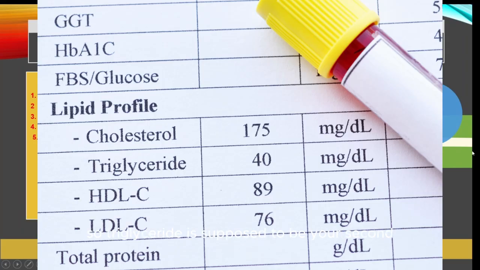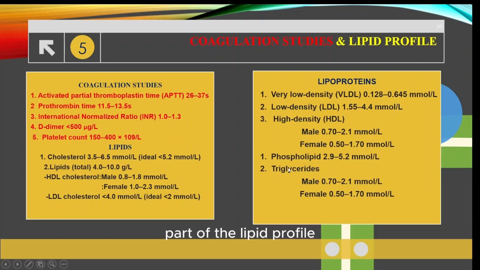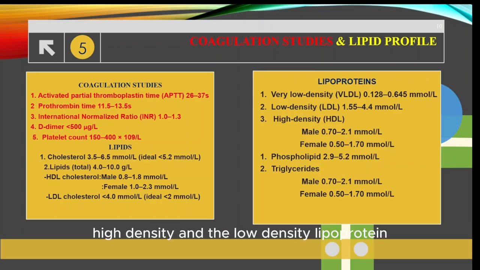Then the third one is what is called the lipoproteins, and there are two that you get: the low density lipoprotein and the high density lipoprotein. So these four constitute what is called a lipid profile: total cholesterol, triglyceride, and lipoproteins, of which there are two: high density and low density lipoproteins.